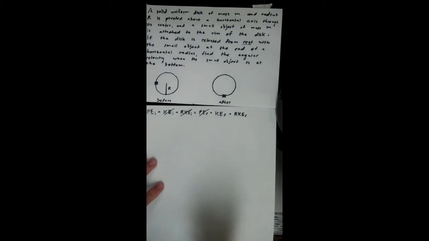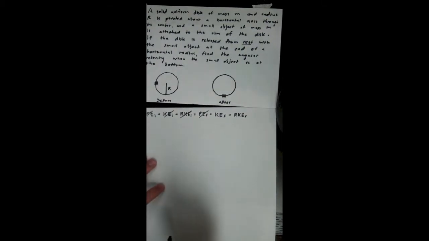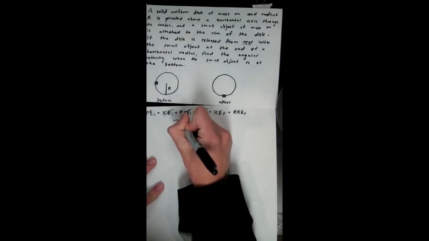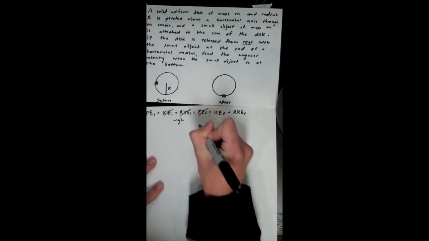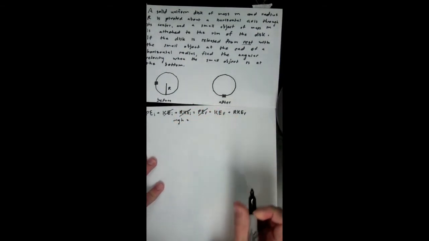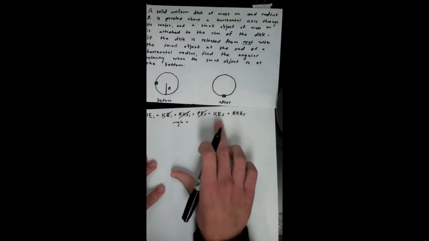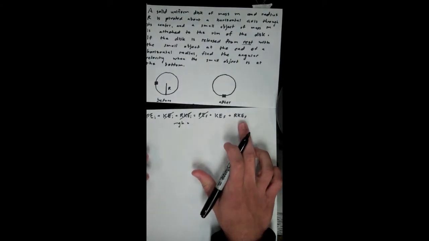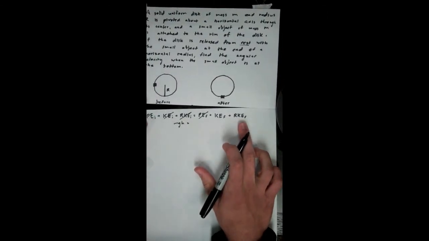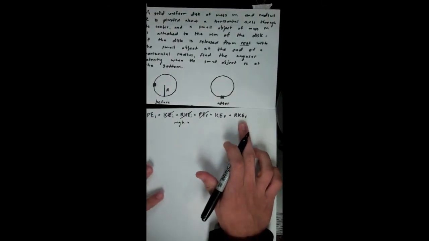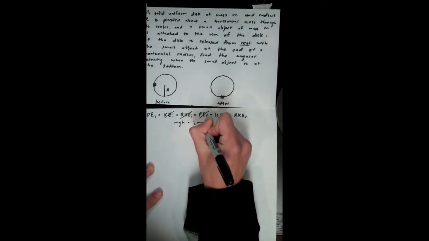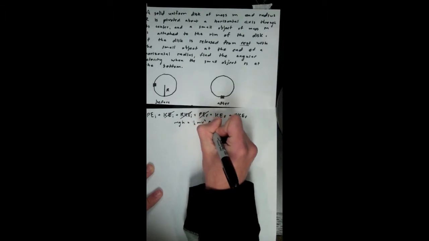So now we can start writing down the actual equations. So potential energy is equal to mgh, and that's equal to the final kinetic energy plus the final rotational kinetic energy. So the kinetic energy is of the block of mass m, and we know that kinetic energy is equal to 1/2 mv squared.